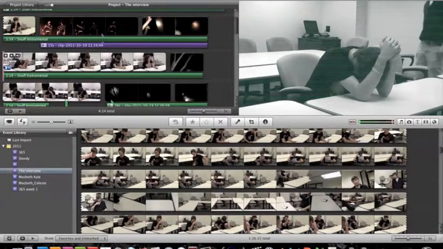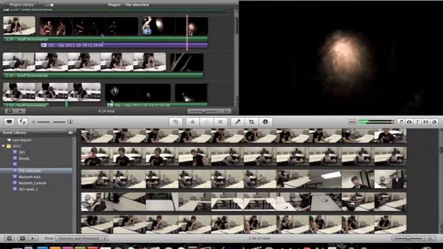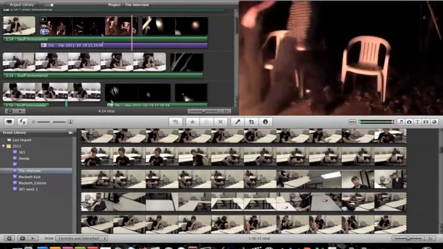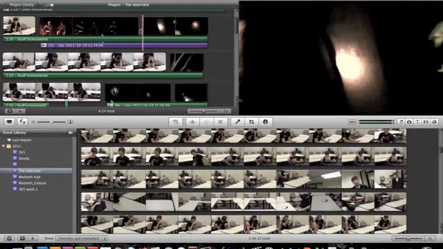And again, a good way of having a seamless cut is to have it go from one scene to another.